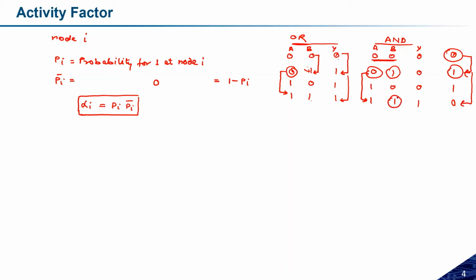Now let us change this to 0, then there is again probability. So in the XOR gate, the switching probability is more as compared to the OR gate and the AND gate. So the switching probability can play a major role, especially if I have to calculate the total power dissipation in the circuit. Is the doubt clear, what I'm saying?